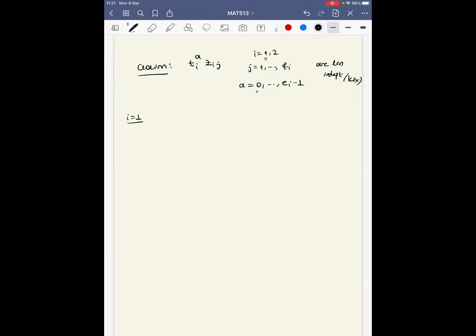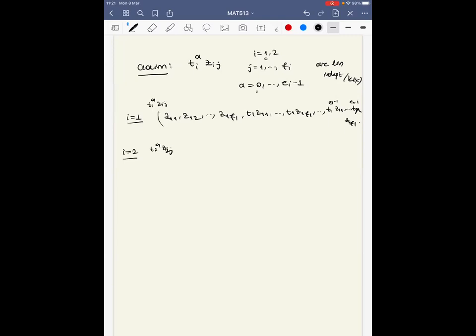If you consider a as 0, first the functions z_ij and their multiplications by the powers of the T_i's. This is T1 to the a, z_ij, which can be written explicitly.